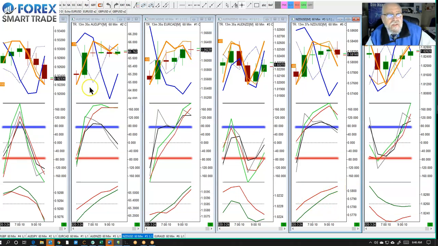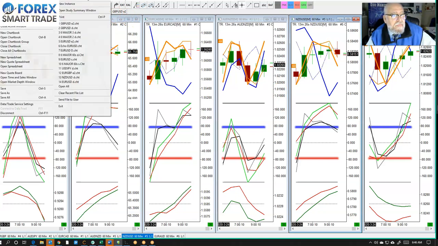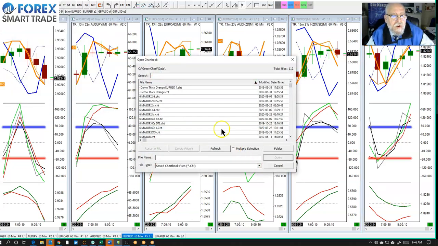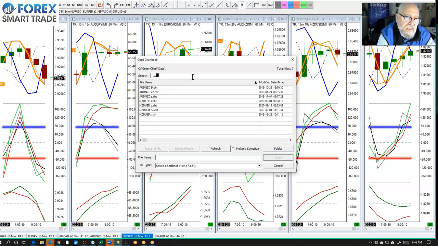So let's take a look at the full detail on this chart and see what we've got. New Zealand USD. Open the chart book. NZD USD.